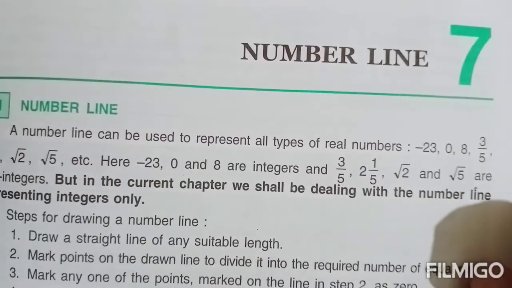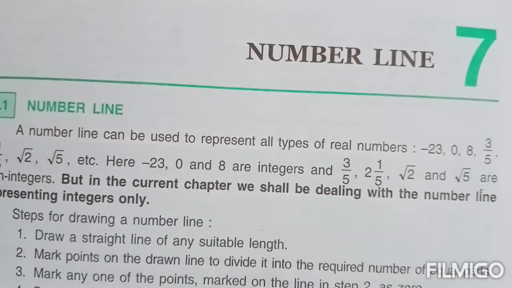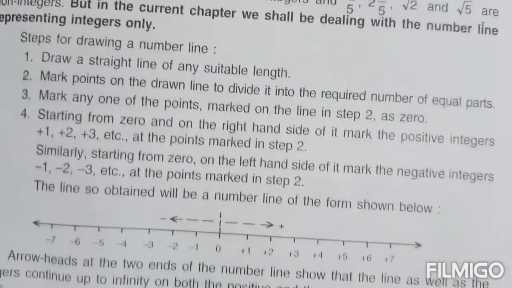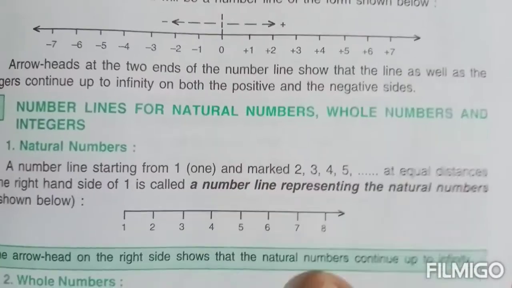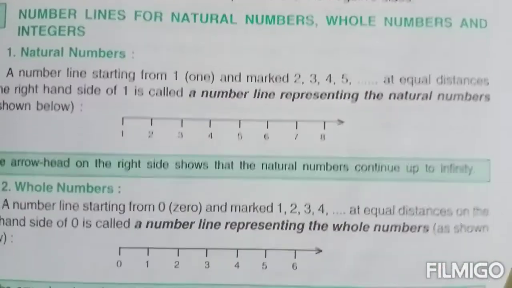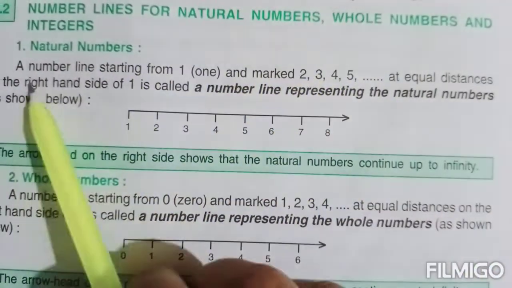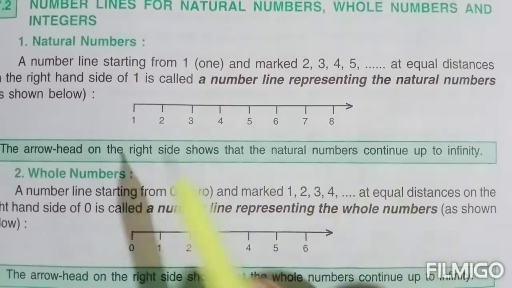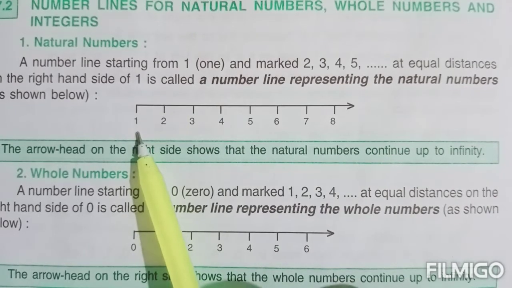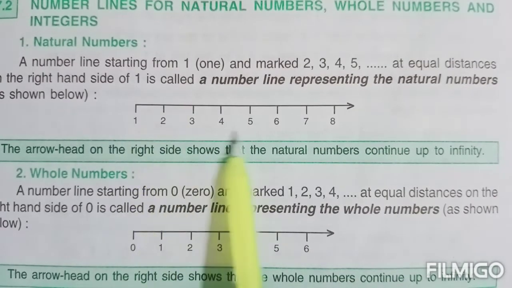So our next chapter is chapter 7, number line. Already we have discussed this number line in our previous chapter. First, number lines for natural numbers, whole numbers and integers. You can see this is the number line representing the natural numbers.